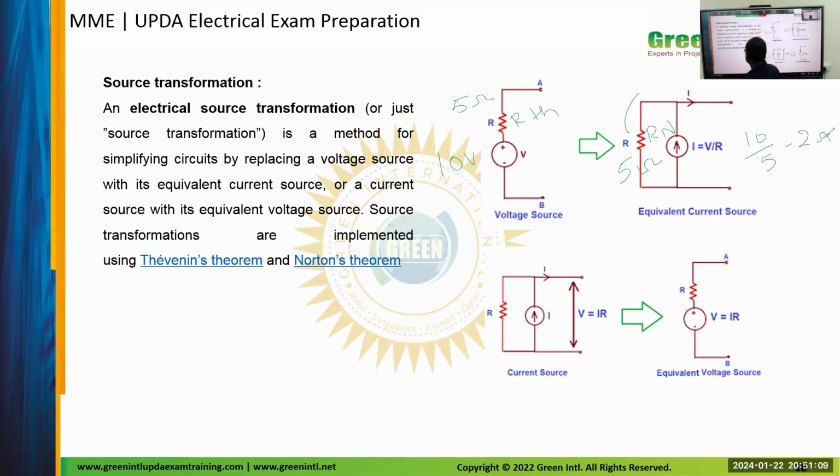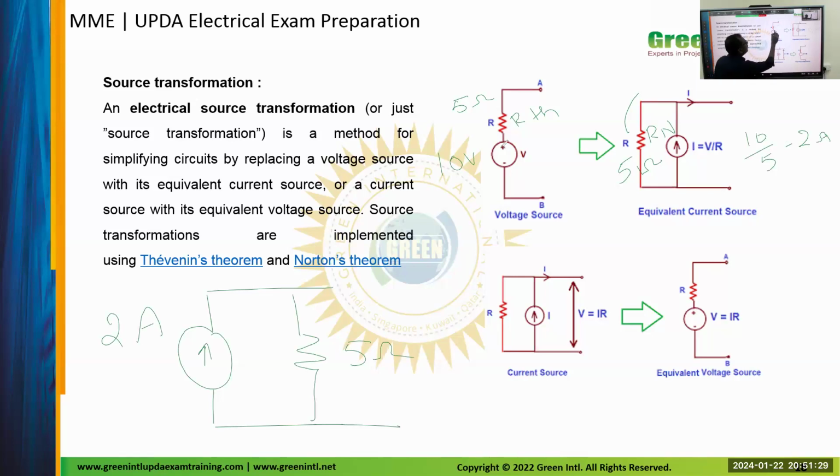So this is the 5 ohm resistor and this is 2 amps. This is the voltage source, and the equivalent current source is like this. An important point we need to remember: see here, this is the plus symbol. Current always flows from plus to minus, so the current direction is like this.